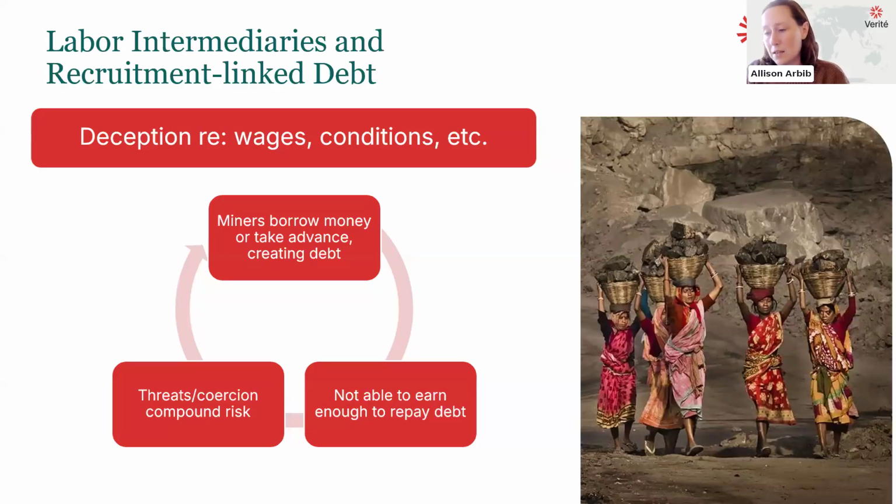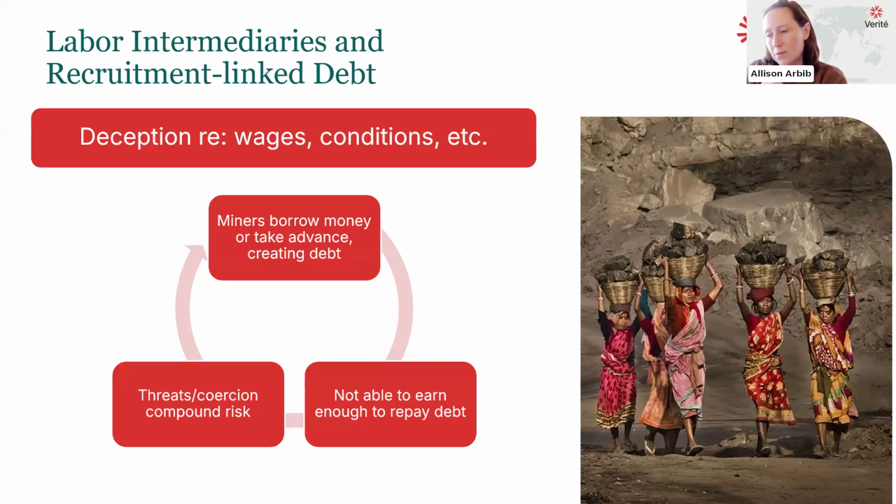In ASM in particular, there's often a sponsor system where, even though artisanal small-scale mining is relatively limited in terms of the capital and technology that's needed, people do have some equipment needs often. And so there will be sponsors that provide the equipment or money to buy the equipment, often in exchange for a percentage of the mining, whatever ore or stones are mined, as repayment.